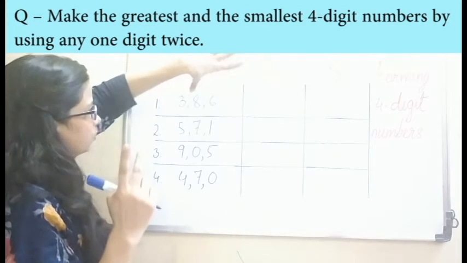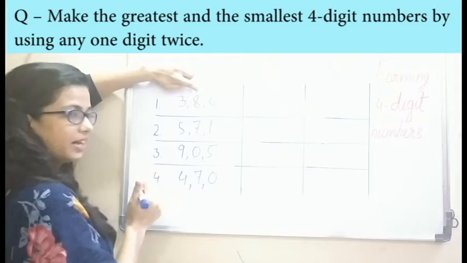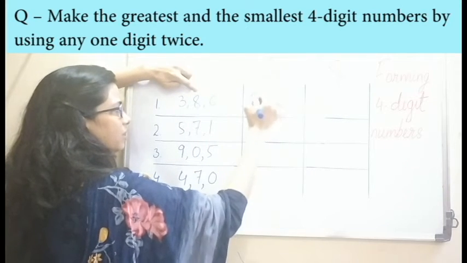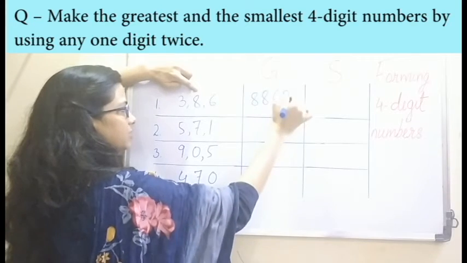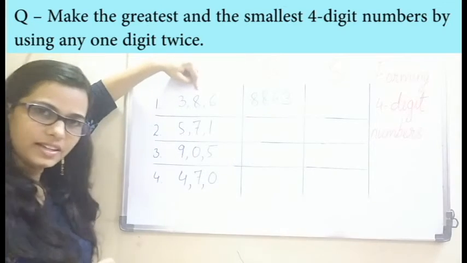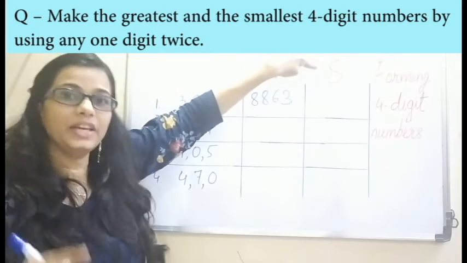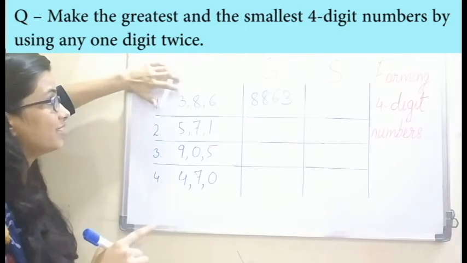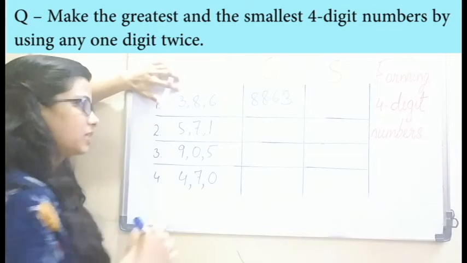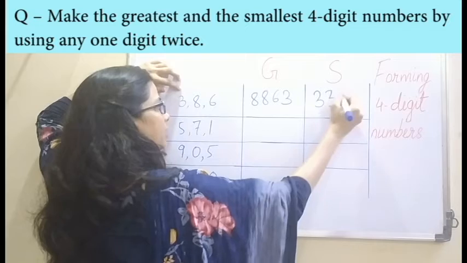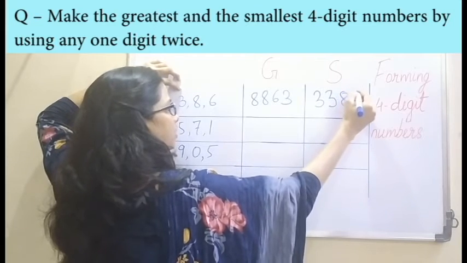Out of these, 8 is greatest, right? So for forming the greatest number we write 8, 8, 6, 3. Similarly, for the smallest one, we repeat the smallest digit, which is 3, twice. So it will be 3, 3, 8, 6.